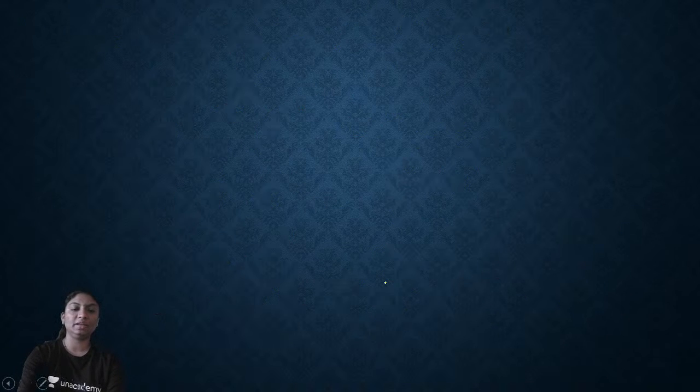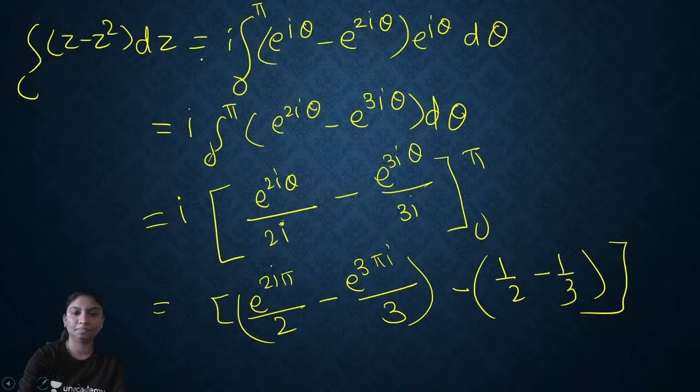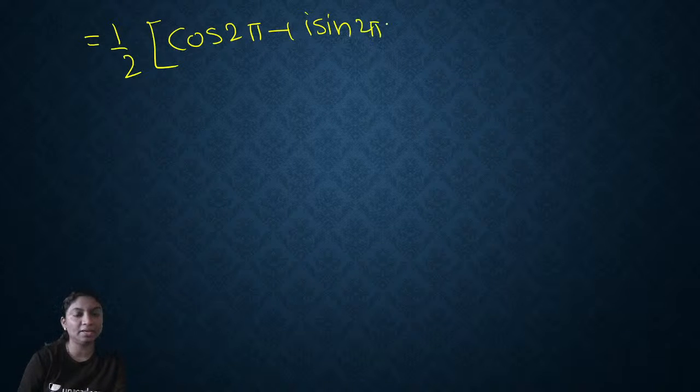So ultimately you will get 1 by 2 into the bracket e raised to 2 pi i. So e raised to 2 pi i means cos 2 pi plus i sin 2 pi. E raised to i theta is equal to cos theta plus i sin theta.